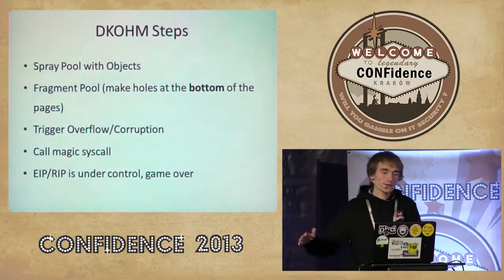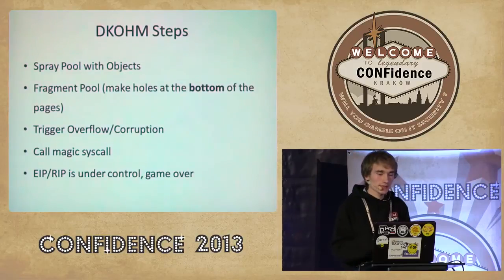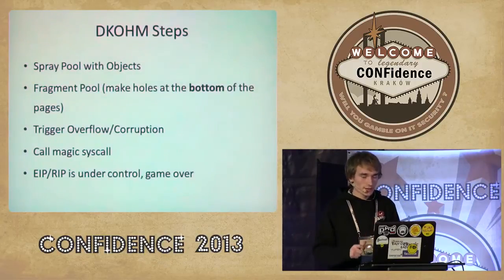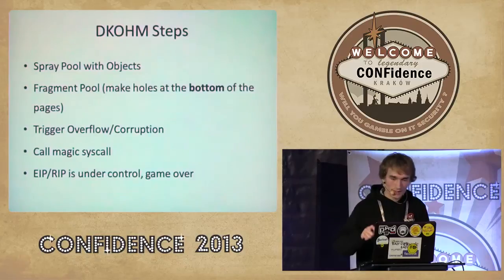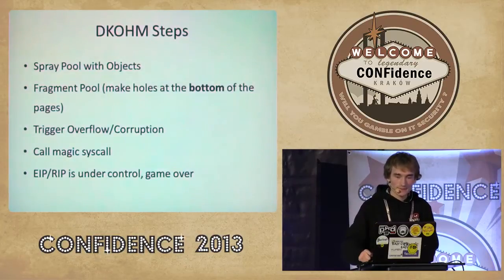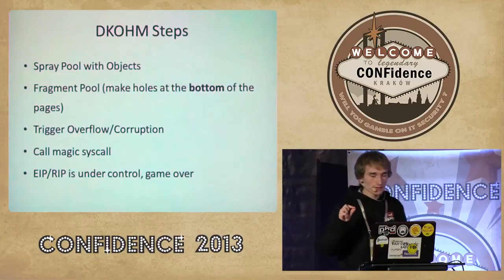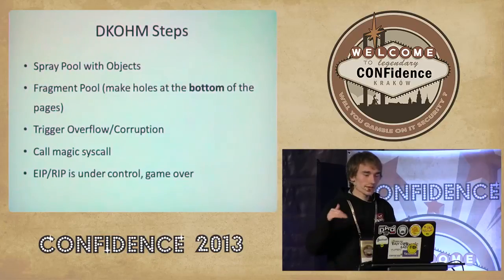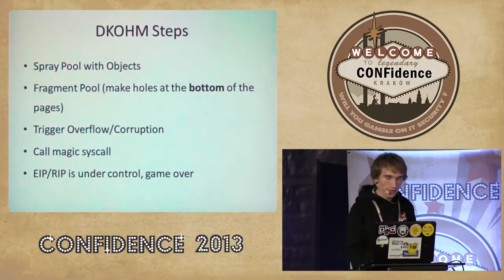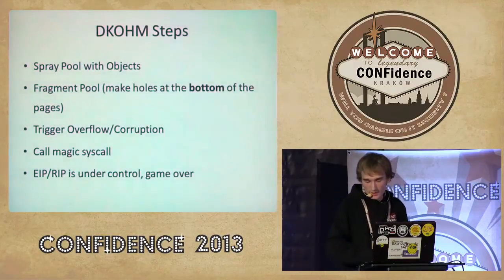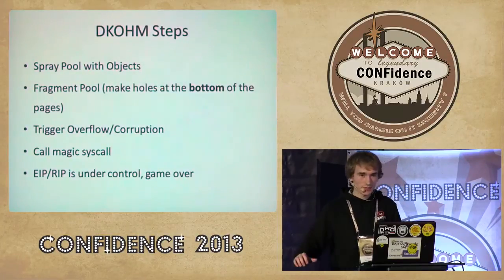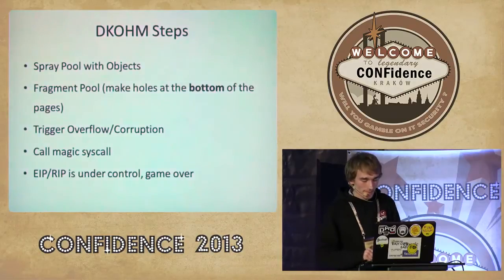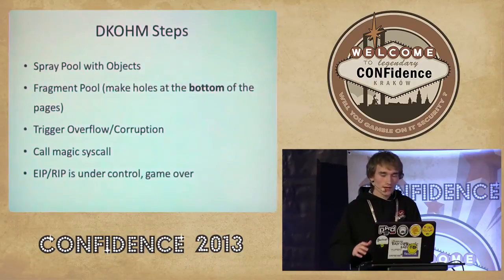First of all, we spray the pool with objects. Next, we fragment the pool to predict where the allocation is going to take place. The key point is to make a hole at the bottom of the page, because when you overflow data and you overflow the header on the next page, you will not trigger any checks or blue screen.